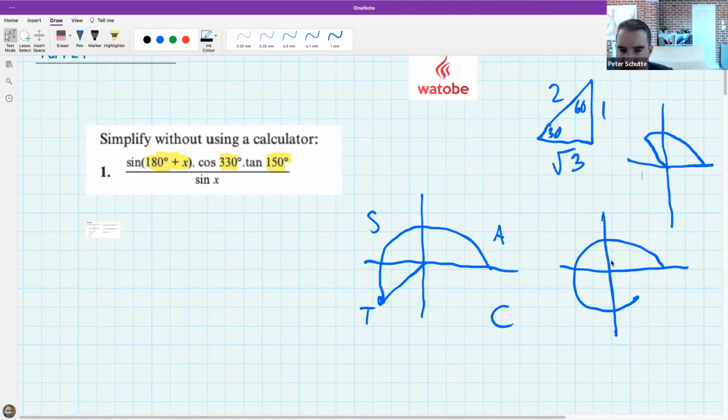See if you can use the drawings I gave you to help you visualize the different angles, and see if that can help you as you work.